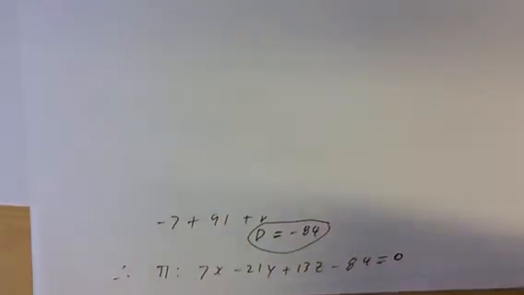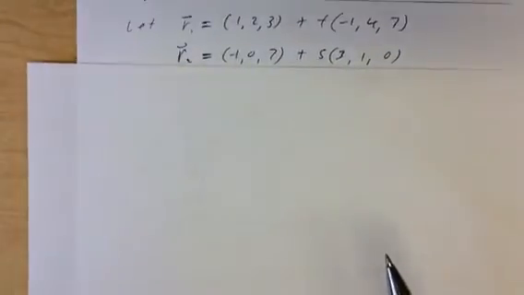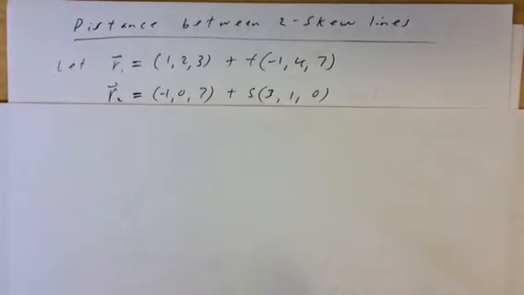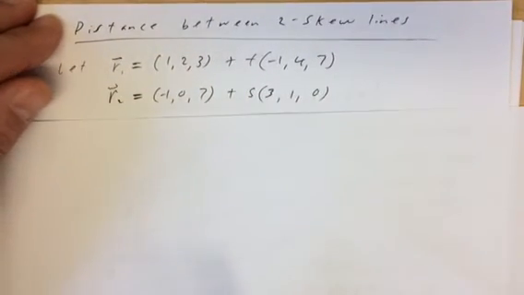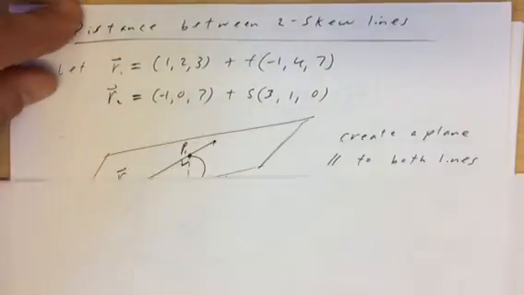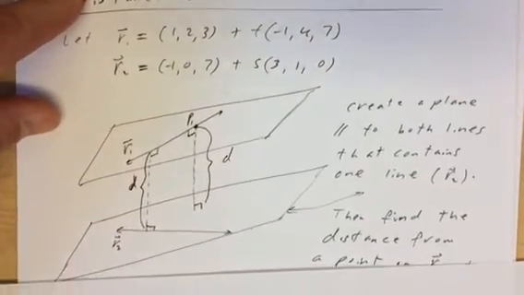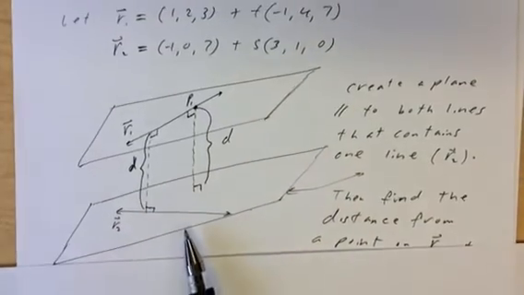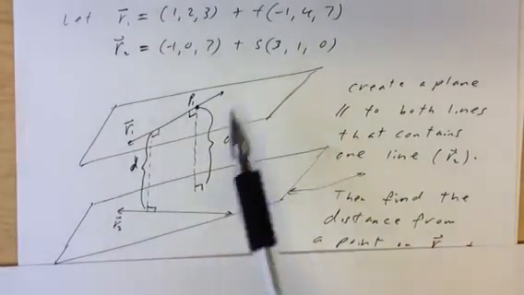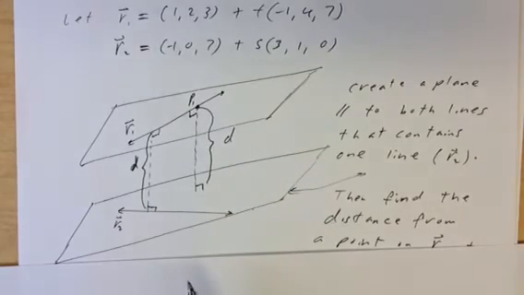Now the distance between two skew lines. So, two skew lines in space. This is a bit of an application of what we're doing. Let's take these two lines here. I'm going to show you a picture with those two lines in it. They're skew, but you can create two parallel planes that contain those two lines.